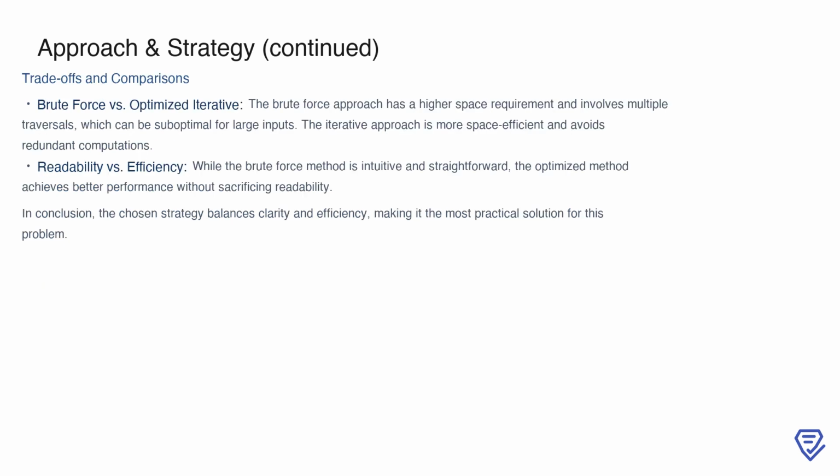When comparing the two approaches, the trade-offs become clear. The brute force method is more intuitive and straightforward to implement, but it suffers from higher space requirements and involves redundant computations due to multiple traversals of the binary string. On the other hand, the optimized iterative approach is more efficient, both in terms of space and time, without compromising readability.